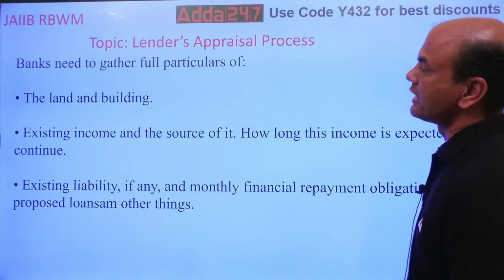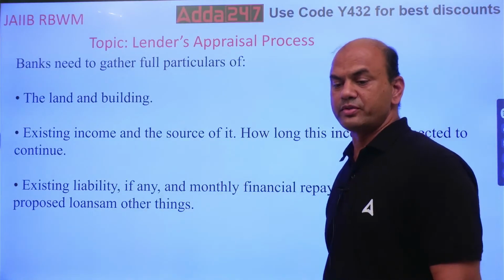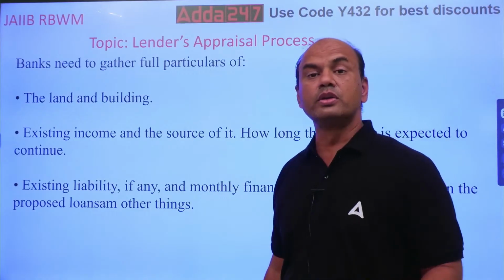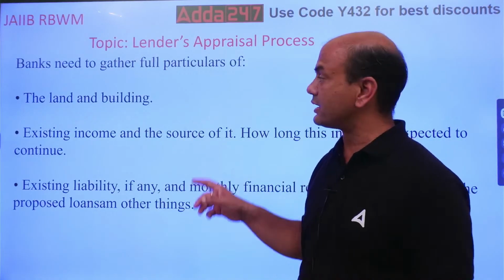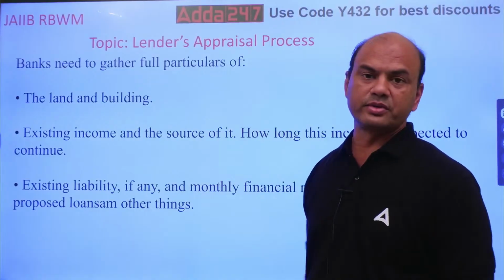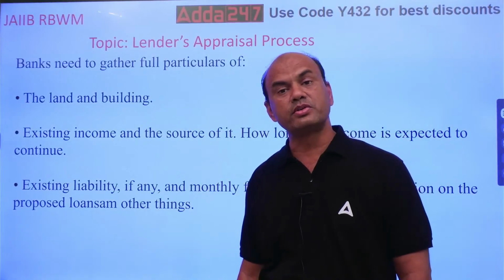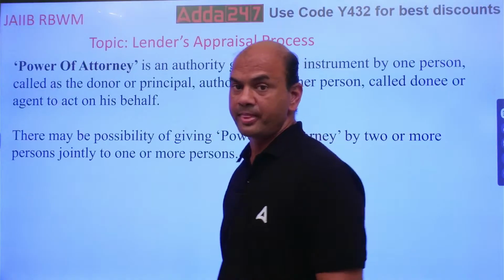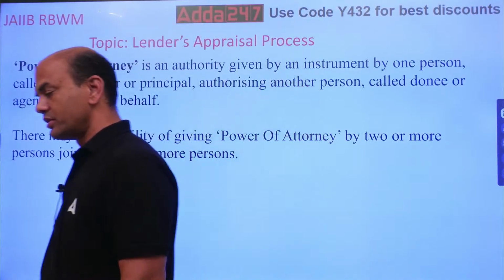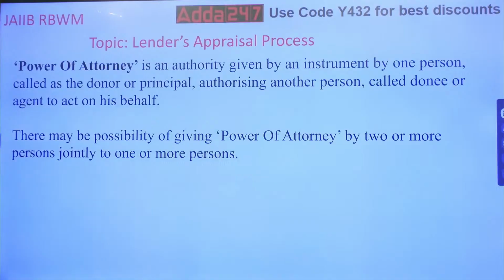Banks need to gather full particulars. Whenever we do a loan appraisal, we need to gather the particulars of, firstly, the land and the building, meaning the property for which you are giving the loan. Suppose I am giving a home loan, then I must know where this home is built and what the cost of the property in that area is.